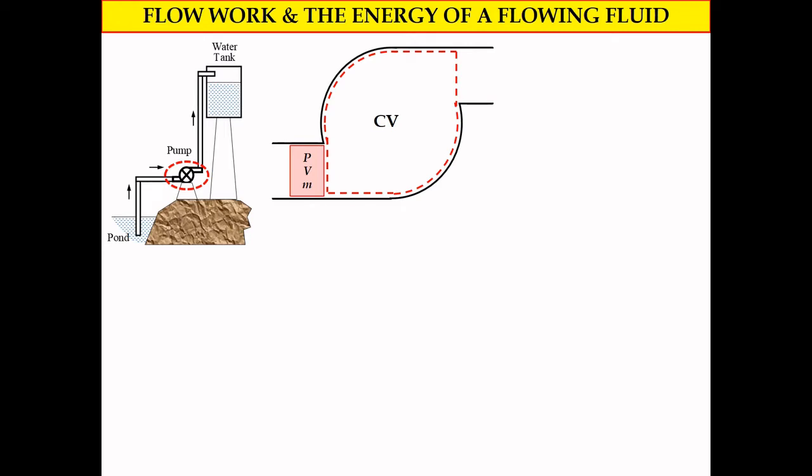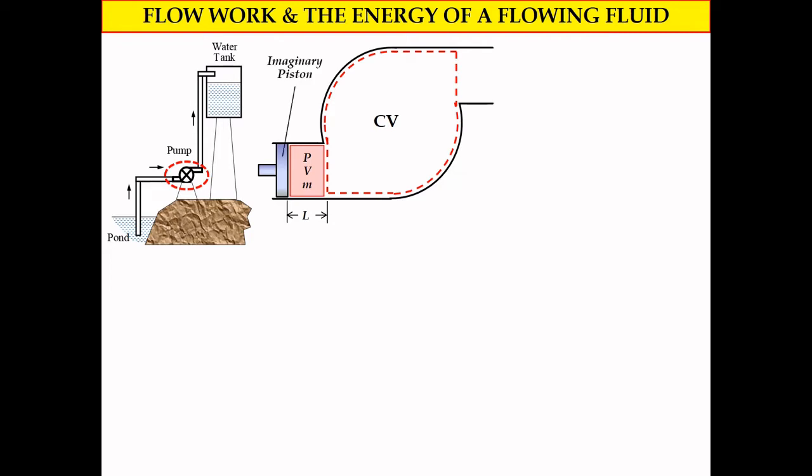Outside of the control volume, we have a certain mass of fluid with certain parameters such as pressure, volume, and mass. There is also a certain distance, because we want to push this fluid into the control volume. In order to push this mass of fluid into the control volume, we need to provide a force.